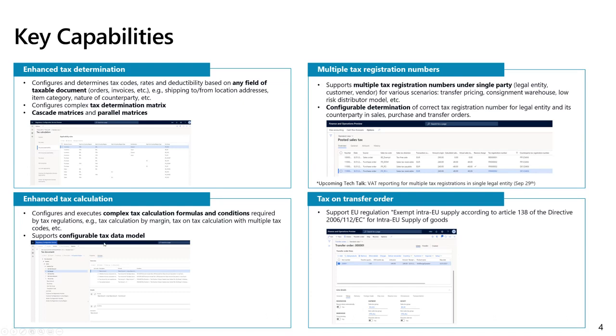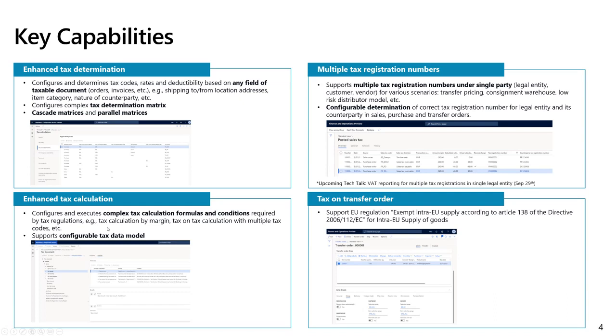Okay. And the second feature is enhanced tax calculation. As I introduced, in the current tax engine in FO, all the tax calculation methods are hard-coded in the system. But this new engine provides a low-code, no-code experience. You can just write your formula and conditions to define how you want to calculate tax.